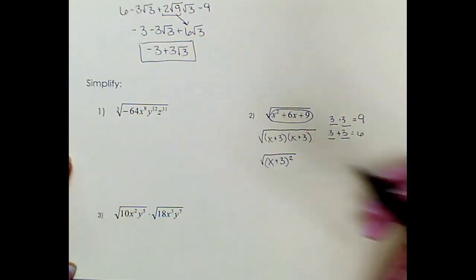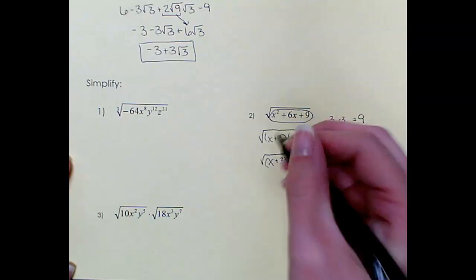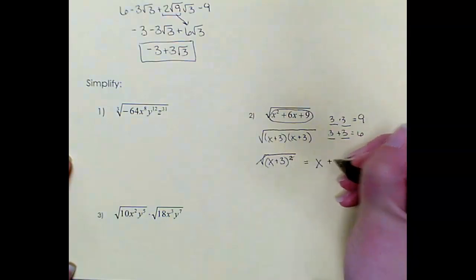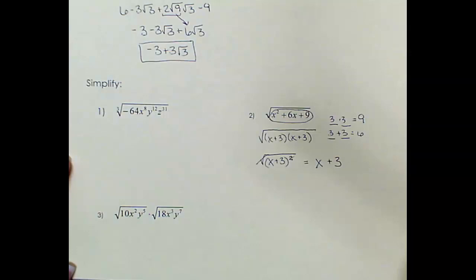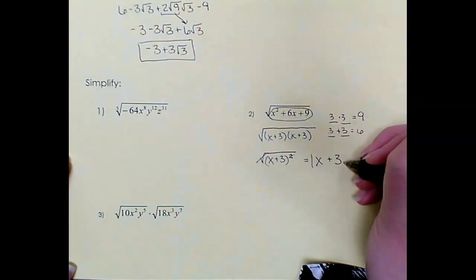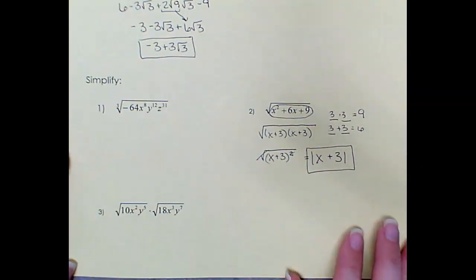And what did we talk about? When you square a square root, or when you square root a square, those cancel out, and you're left with x plus 3. We did actually take out an odd power out of an even root, so we should probably put absolute value around it.